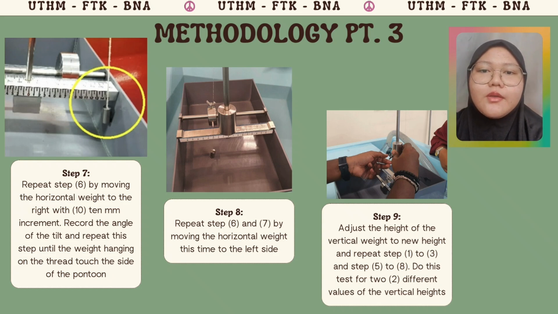In step 8, we will repeat steps 6 and 7 by moving the horizontal weight to the left side. For step 9, we will adjust the height of the vertical weight to a new height and repeat steps 1 to 3 and steps 5 to 8. We do this test for 2 different sets of values of the vertical height to get our desired results.